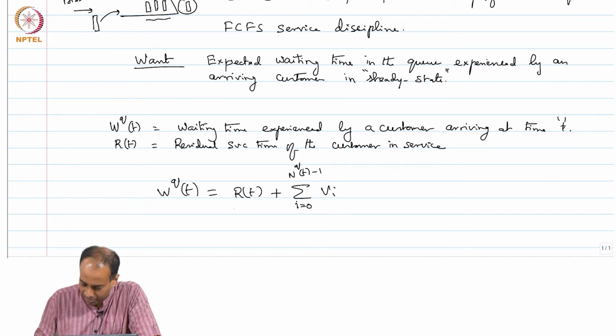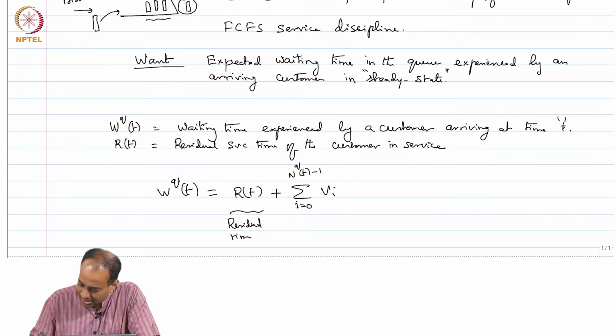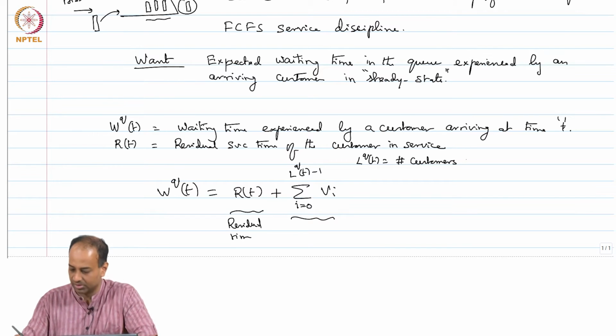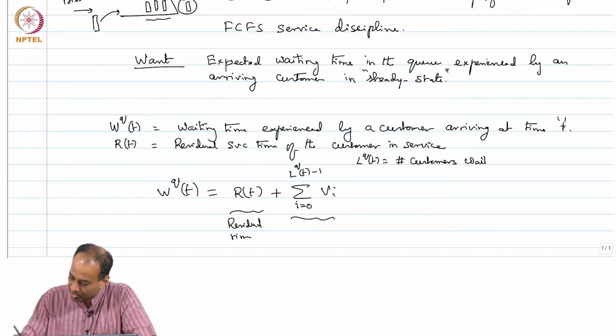So, this is saying that you are waiting for the residual time plus, where L_Q(t) is the notation for the number of customers waiting in the queue at time t.